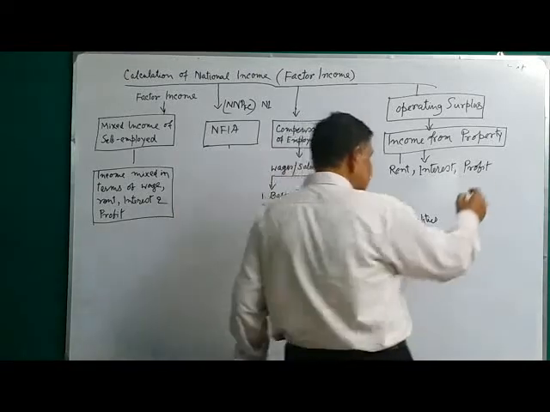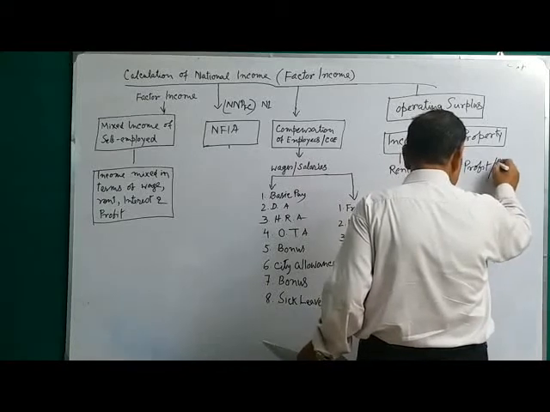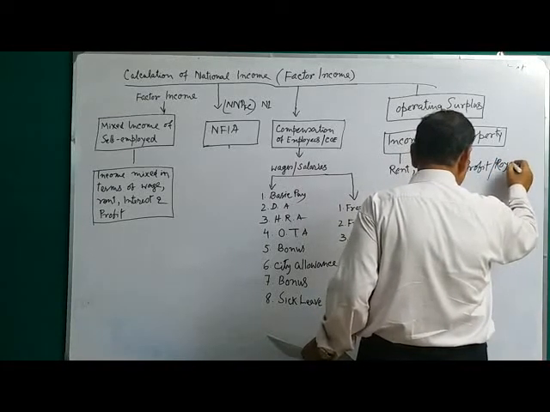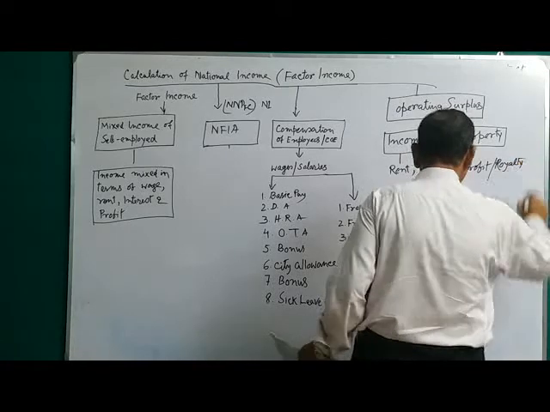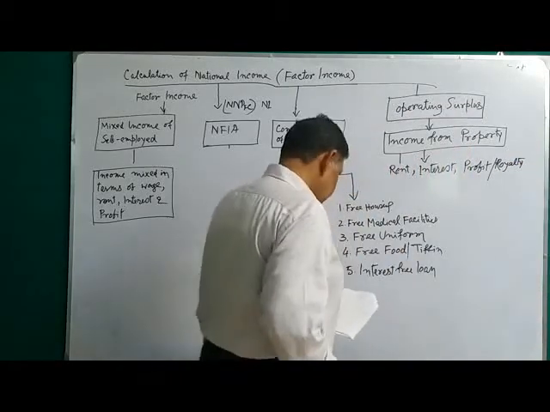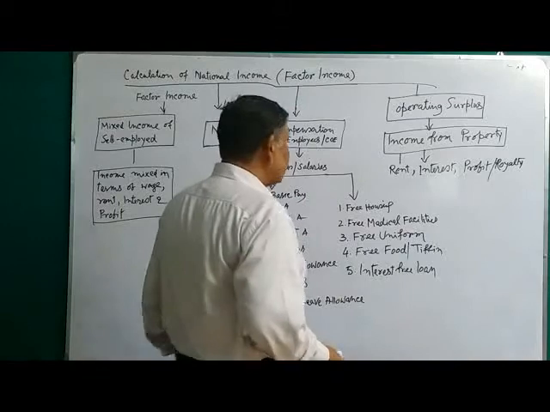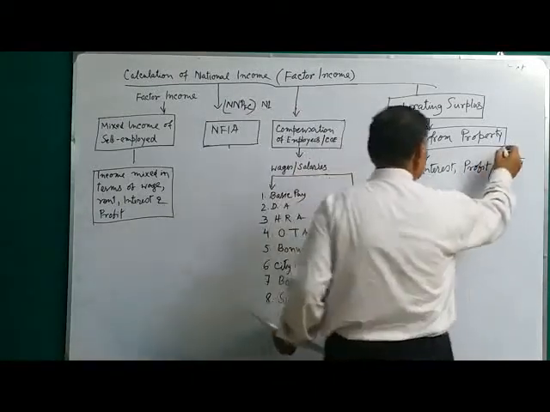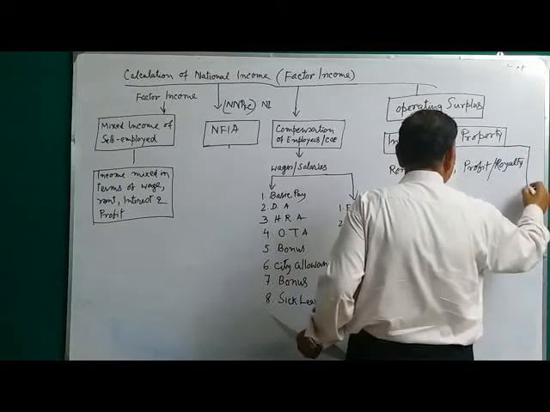It may be royalty also. Not in terms of profit, royalty may also be included. Then comes operating surplus. This is another branch of income from property.